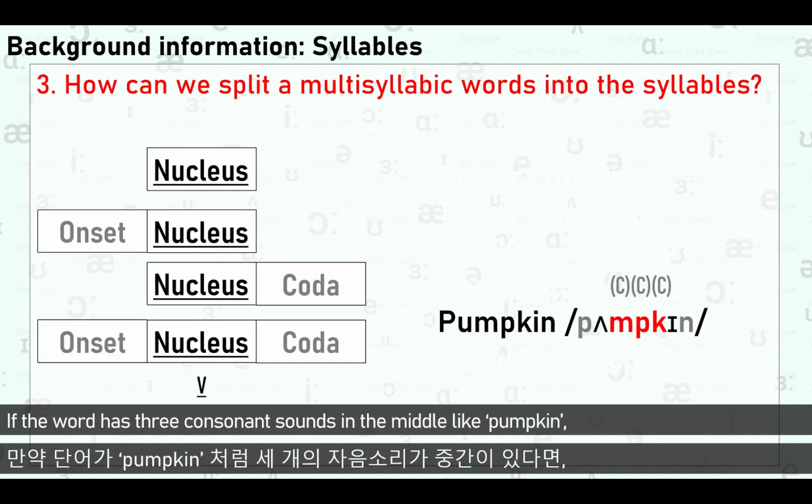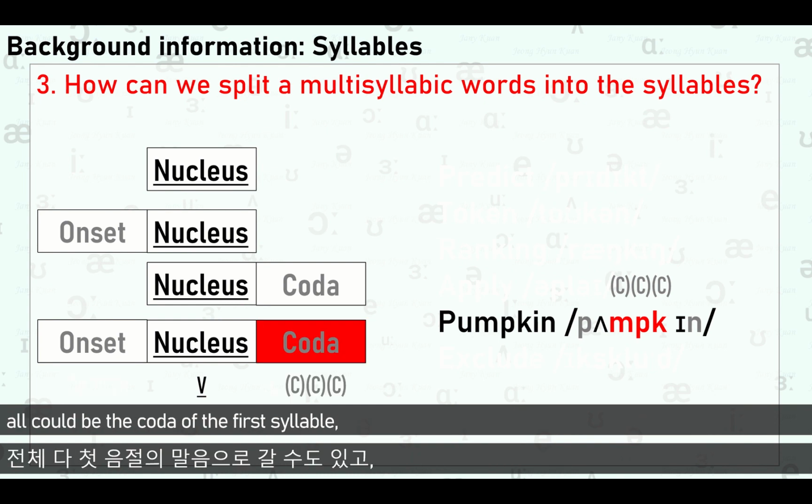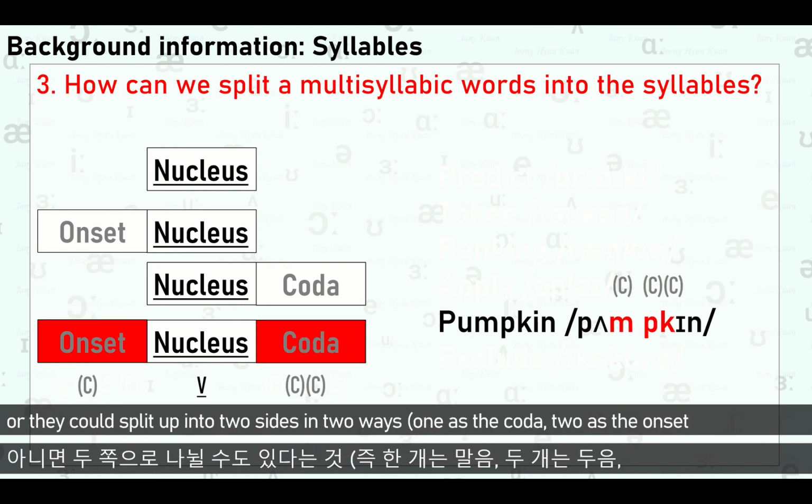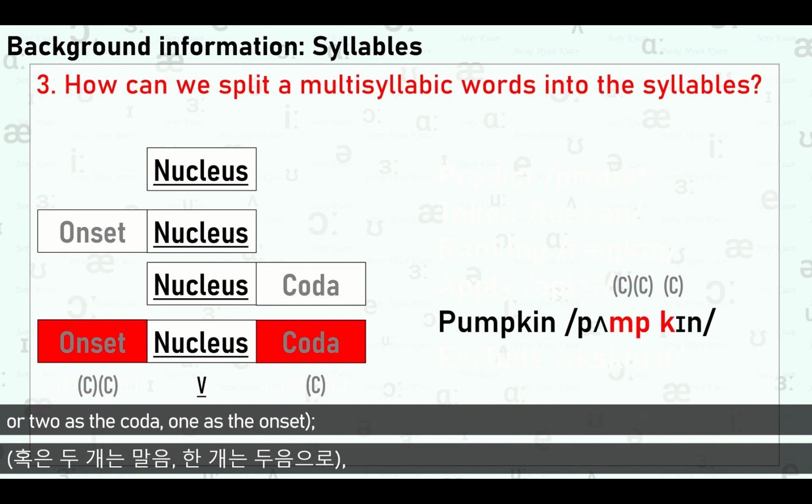If the word has 3 consonant sounds in the middle, like pumpkin, all could be the coda of the first syllable, or all could be the onset of the second syllable. Or they could split up into 2 sides in 2 ways, 1 as the coda, 2 as the onset, or 2 as the coda, 1 as the onset.